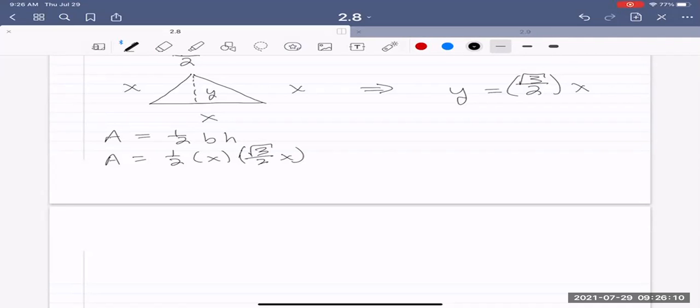So this is equal to root 3 over 4 x squared.